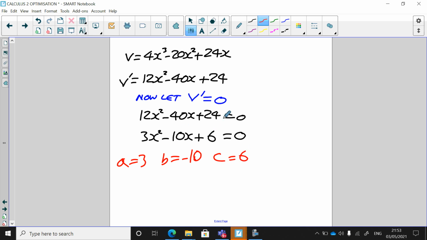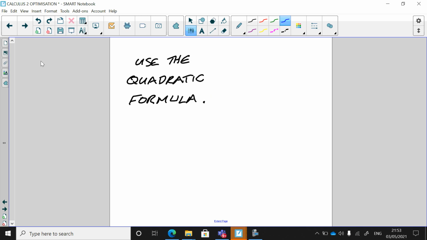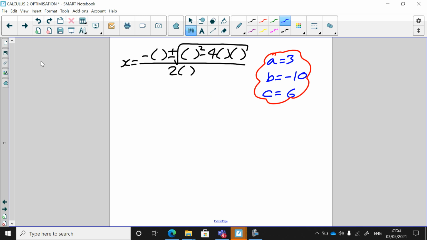So we're getting them all from there. Right, hopefully you can see that. But you're seeing that on so many occasions. Right, so we'll just move on. So we're just going to put these in the quadratic formula, 10 plus or minus root 28 over 6. Oh, where does he get that from?